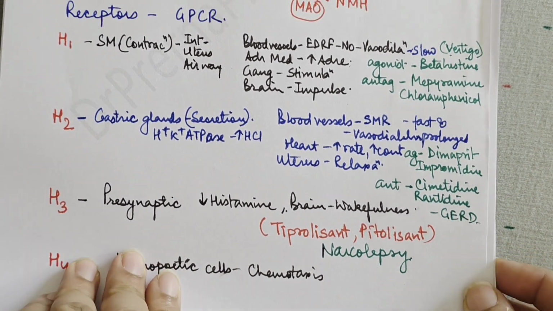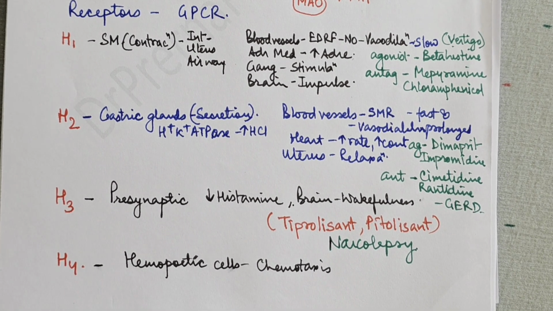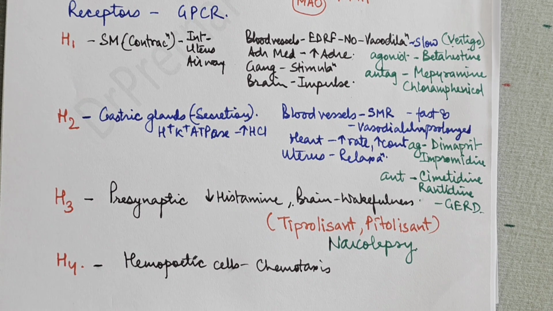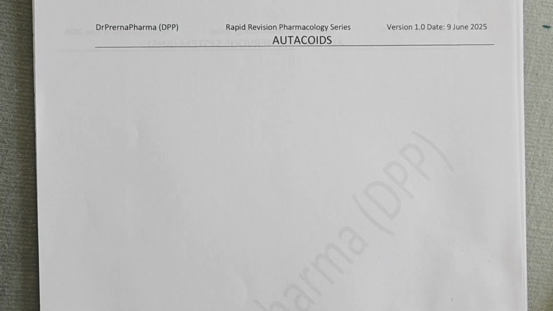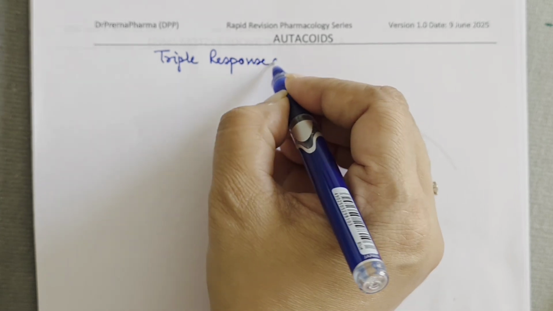So this is the summary of receptors of histamine H1, H2, H3, H4. I've written in detail about what receptor, what organs they are supplying, and then what are the agonist and what are the antagonist.